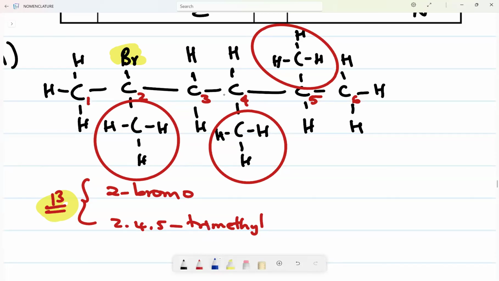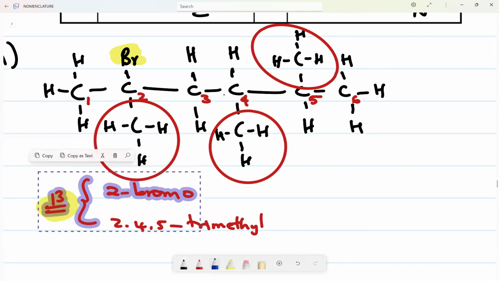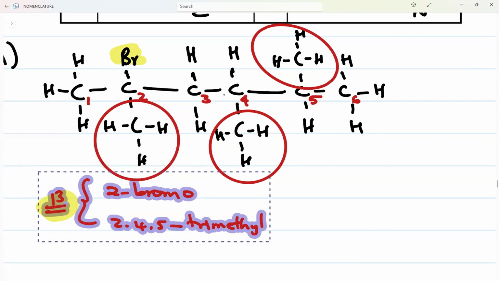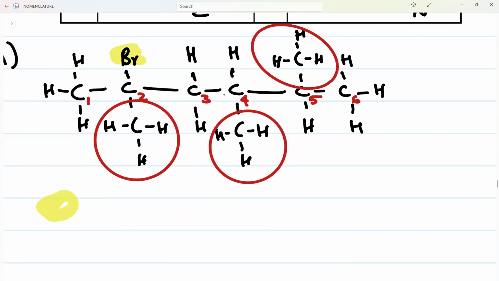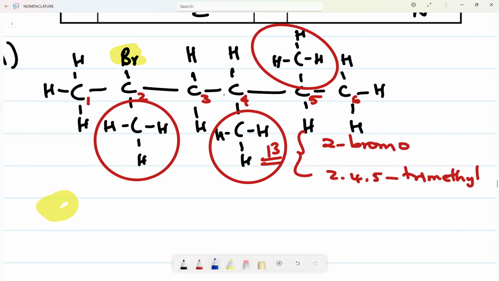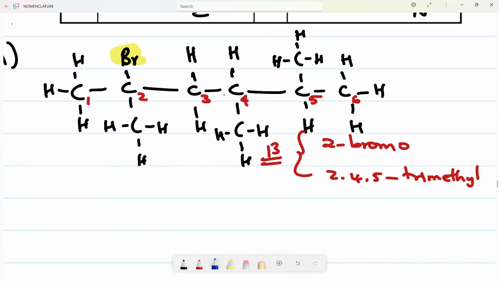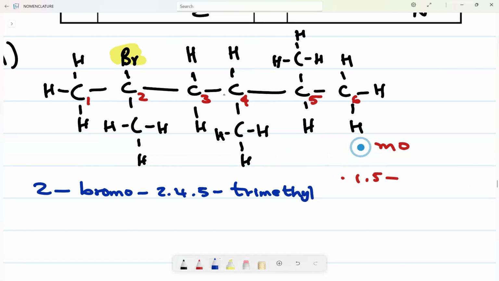So the name for this one is going to be 2-bromo, 2,4,5-trimethyl.